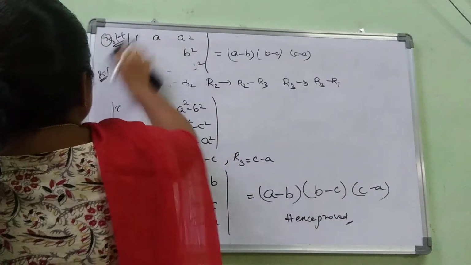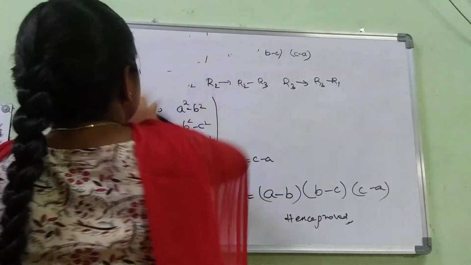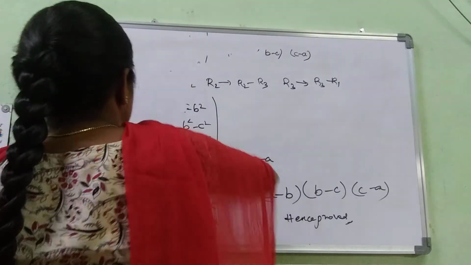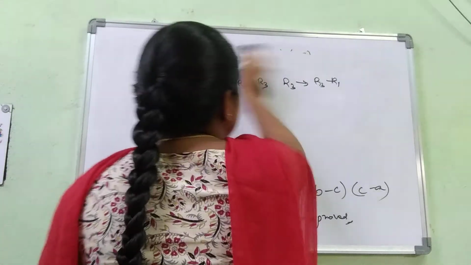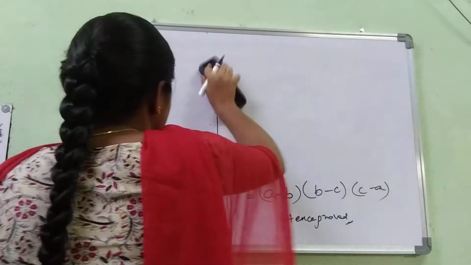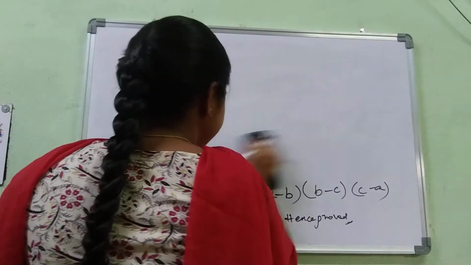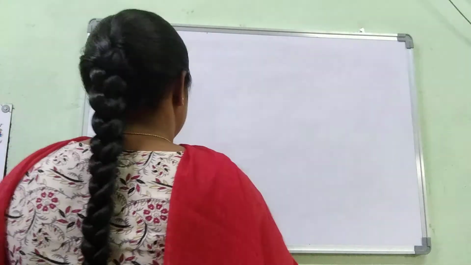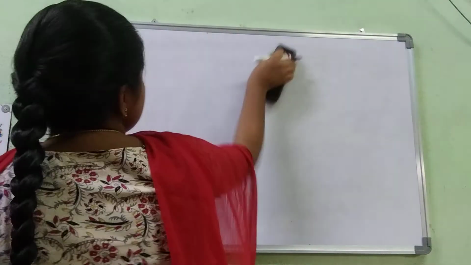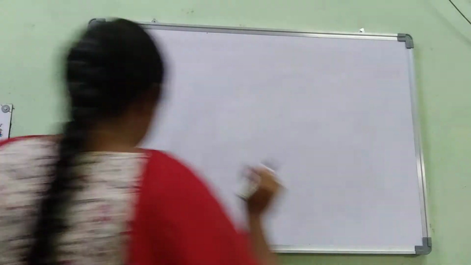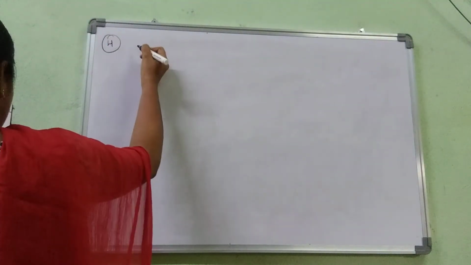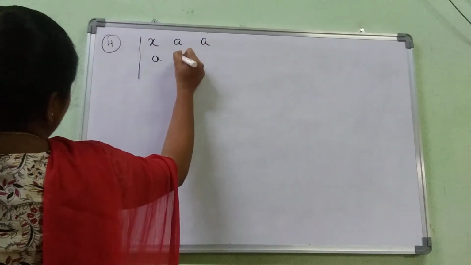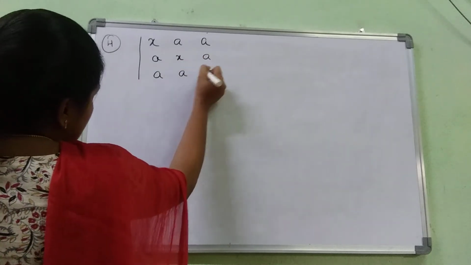So therefore the next question is, x a a, a x a, a a x.